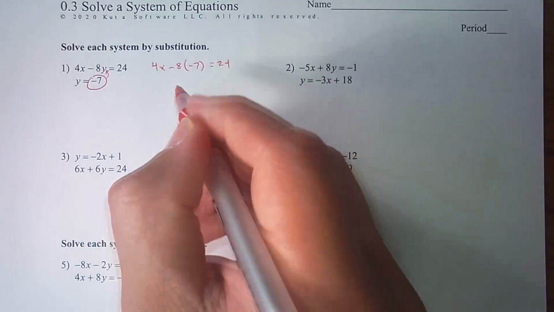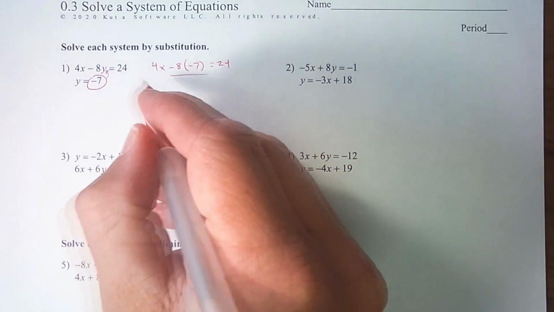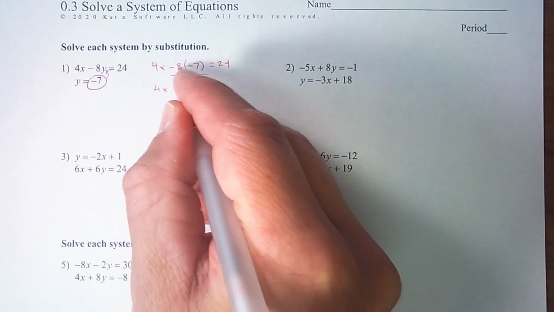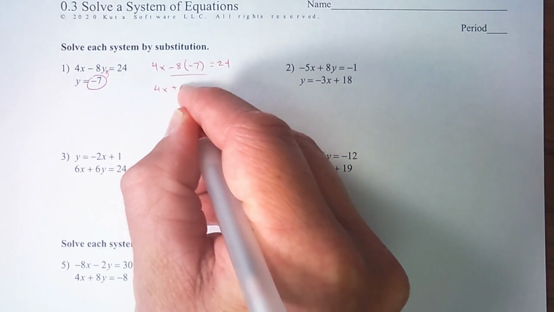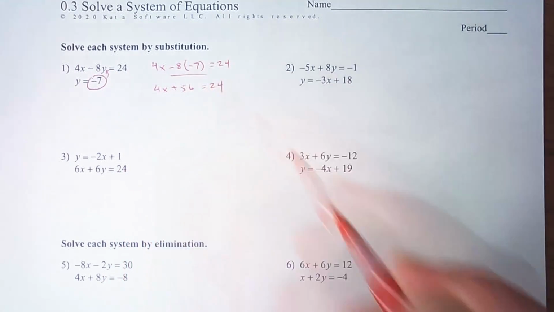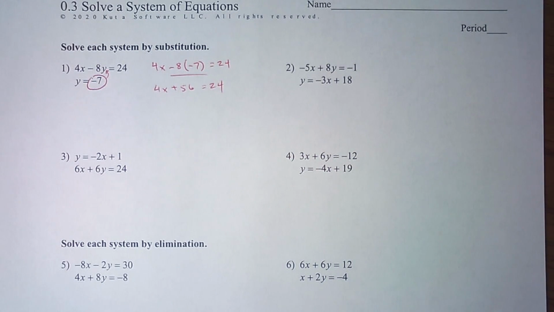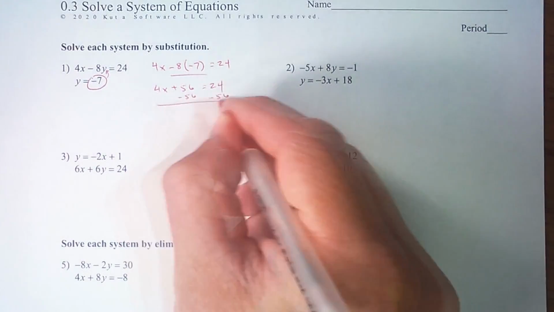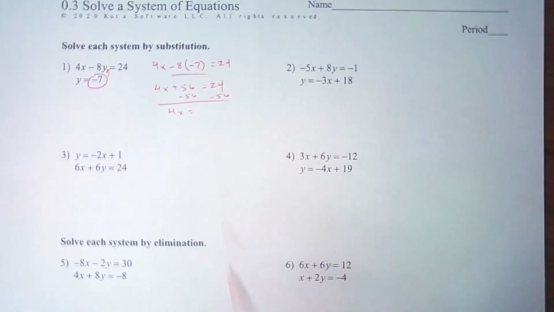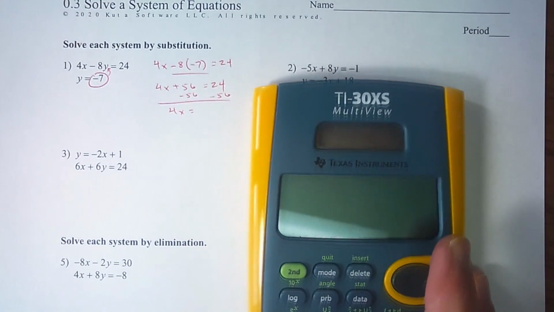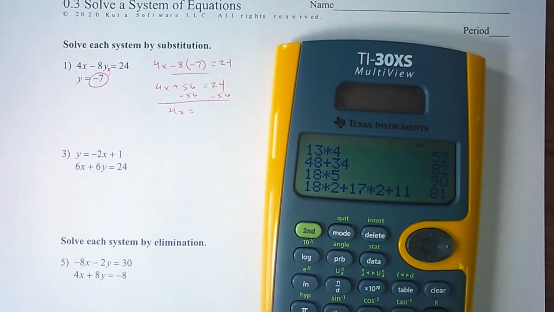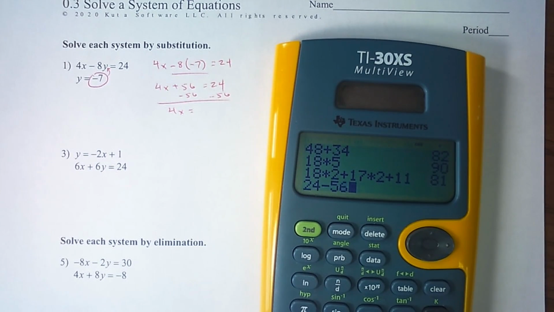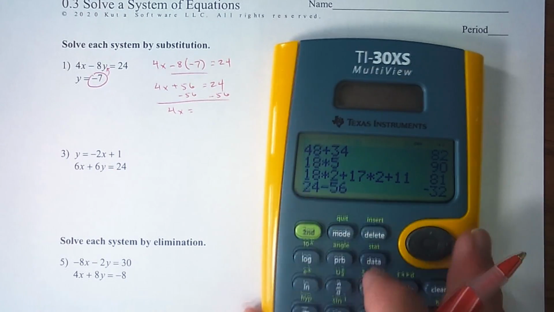Okay, now I can multiply these. Negative times negative is positive, and 8 times 7 is 56. So I've got 4x plus 56 equals 24. Now I can subtract 56 from both sides, so I get 4x equals 24 minus 56, and we get negative 32.